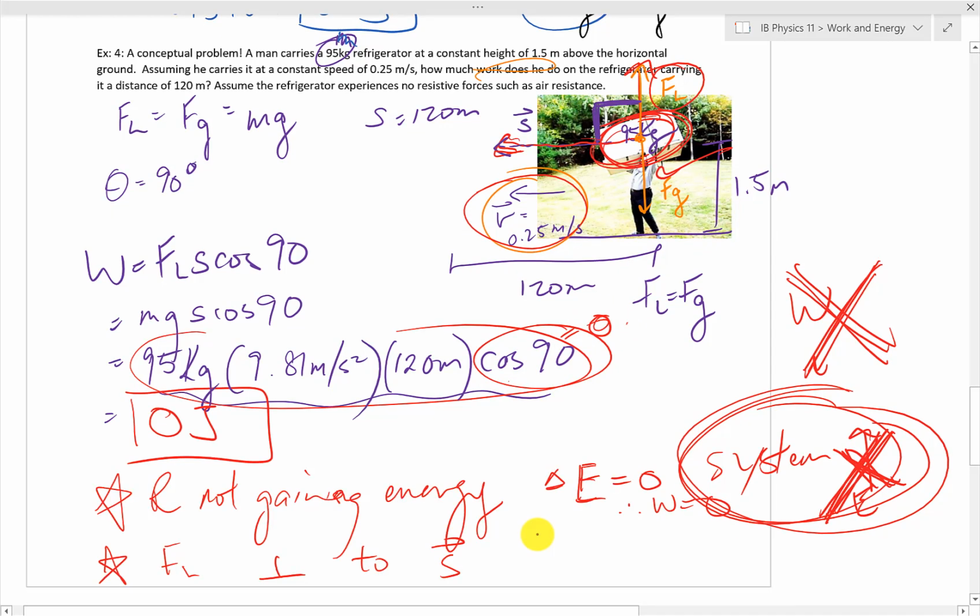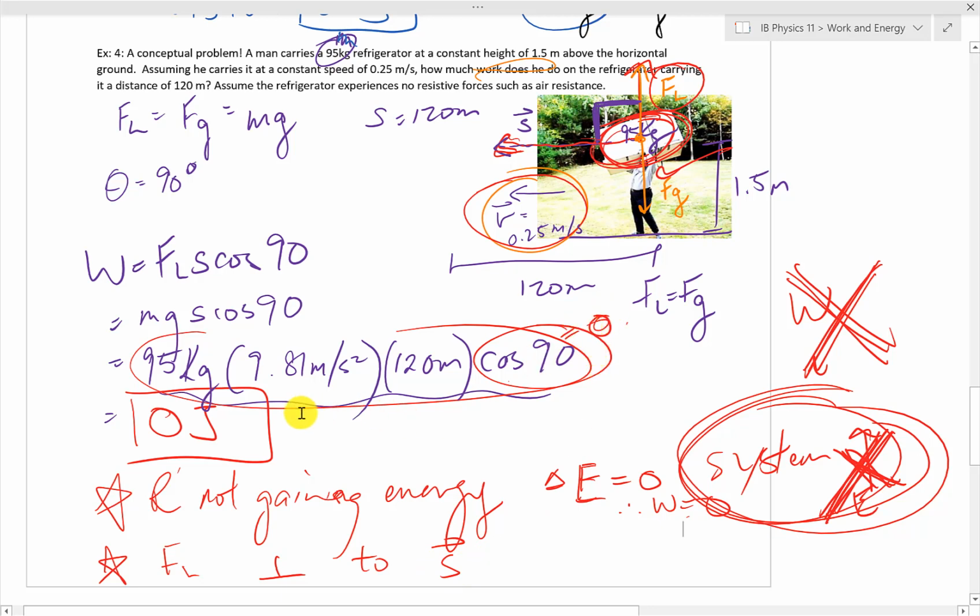So the two key ideas in this question are, first, the refrigerator is not gaining energy, therefore the work done on it equals 0. Mathematically, the lifting force was perpendicular to the direction of displacement, meaning that this lifting force did no useful work in moving the object forward.